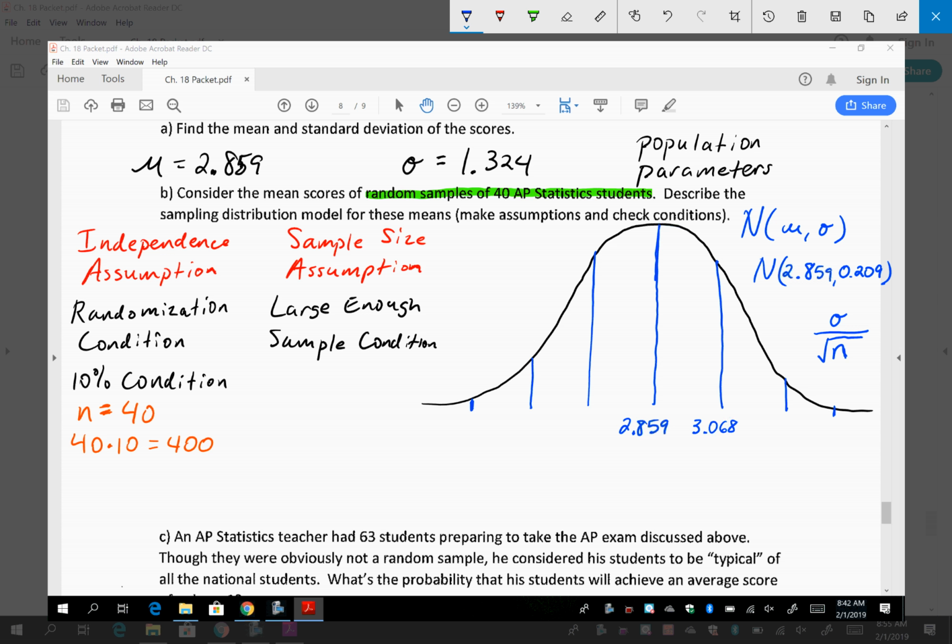Okay, the next one, 3.277 plus 0.209, 3.486. Go the other way, minus 0.209. Go the other way.